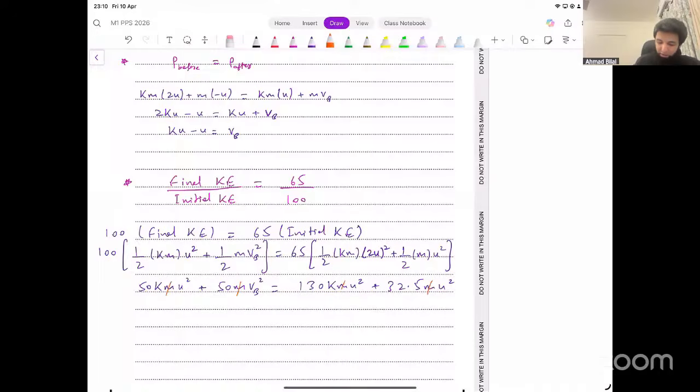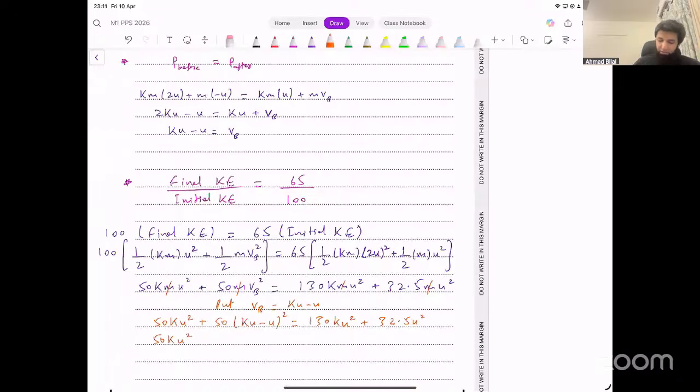Let's try that. So if I input Vb equal to Ku minus U, what happens? On the left side, I have 50 Ku squared plus 50 into Ku minus U whole squared. On the other side, we've got 130 Ku squared plus 32.5 U squared. Now let's simplify this. It becomes 50 Ku squared.